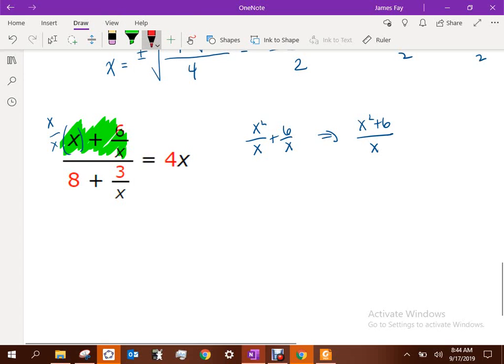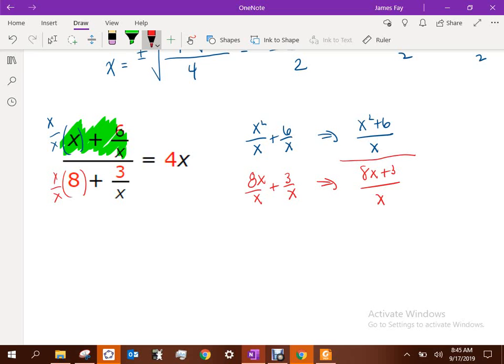The LCD on the bottom, again, is x. So you want to multiply by x over x. Does that make sense? So it gives me 8x over x plus 3 over x. That's going to lead to 8x plus 3 over x. And that's what the left-hand side looks like right now, right? Which is fine. It's good.